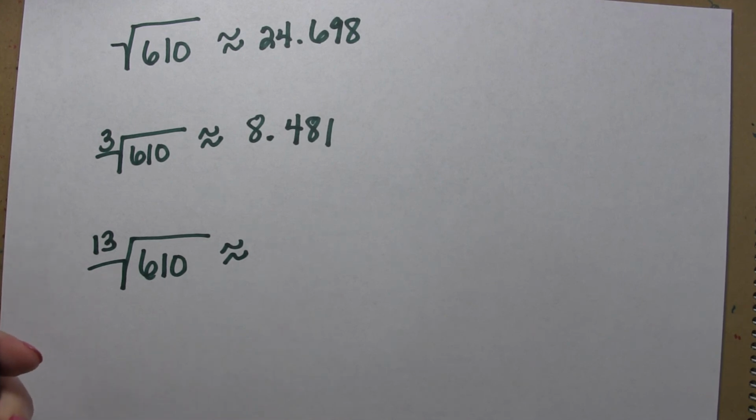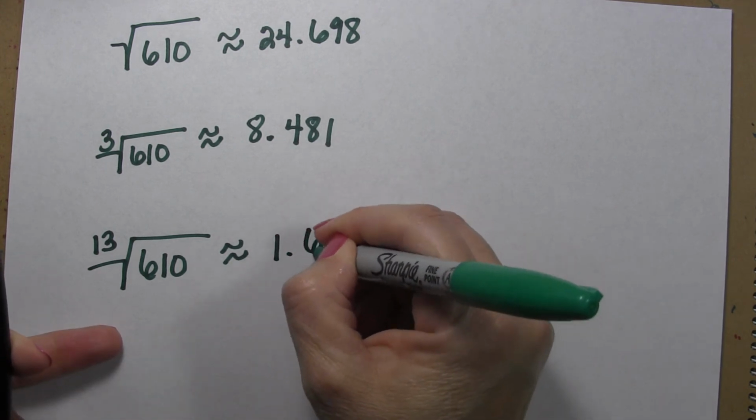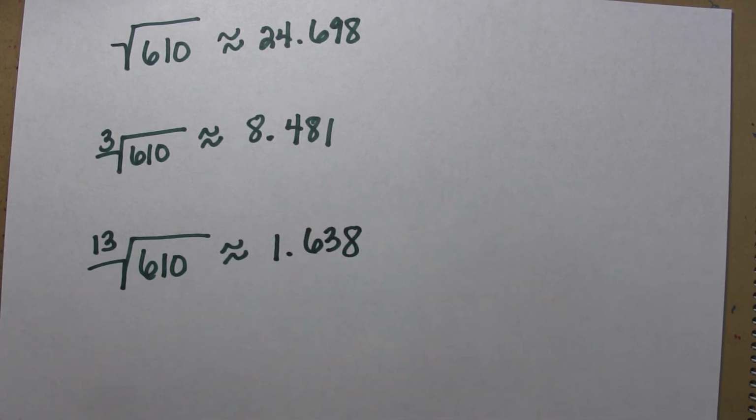And I would definitely be happy to use my calculator for that. I get about 1.638. So those are the two buttons that you need in order to get you through pretty much any square root or other kind of root problem you'll encounter.